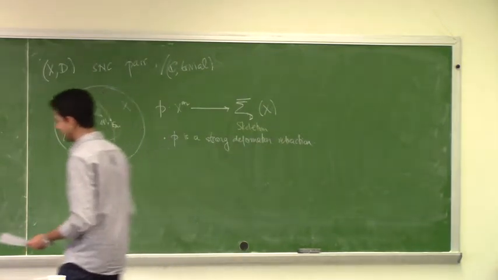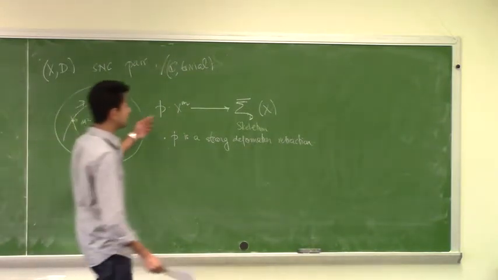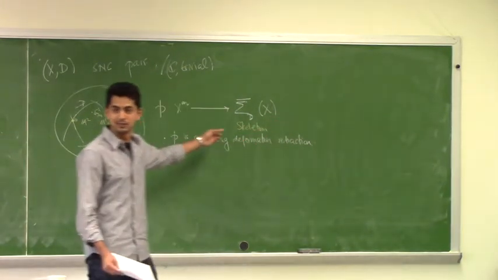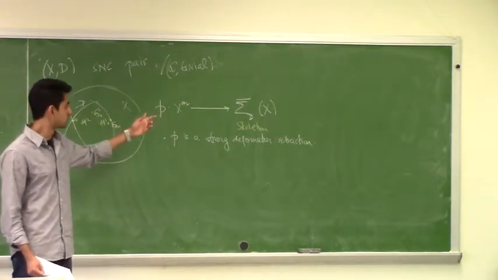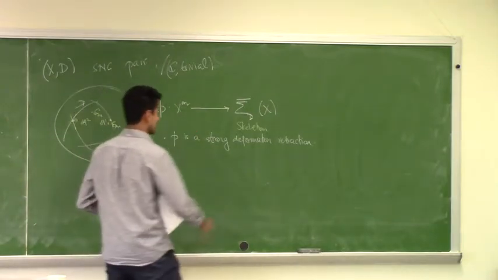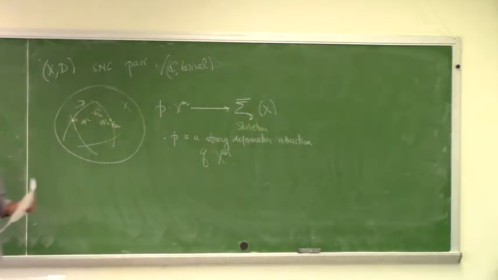Sorry, how big is sigma? Is it the skeleton? Yeah, so if I took D to be empty, it would be a point. So it can be very small. But it's something. So P is a strong deformation retract. Right, so you can find a retraction of X analytic. It deformation retracts onto the skeleton.